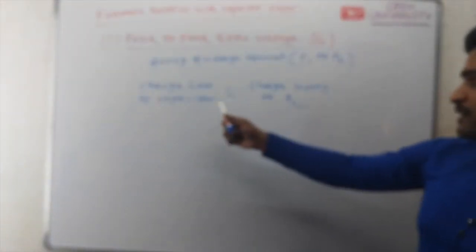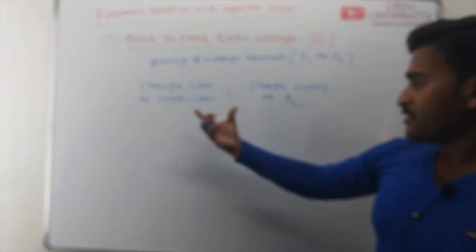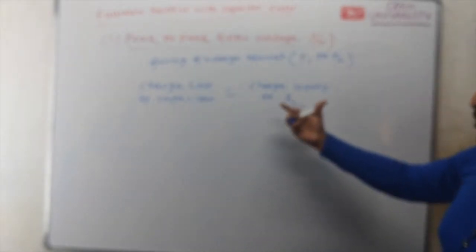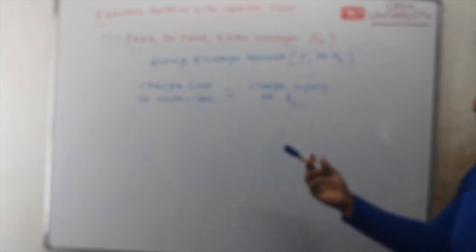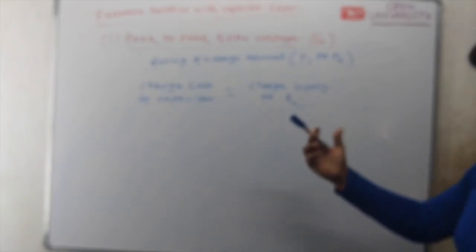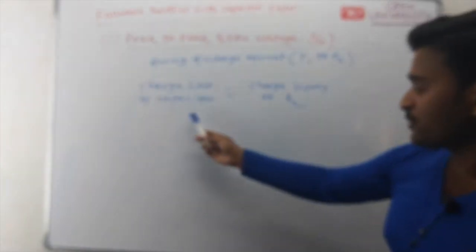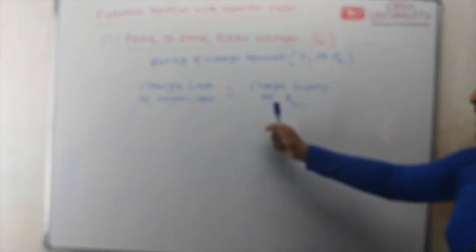That means whatever amount of charge is lost by the capacitor during this interval is the same amount of charge that will be supplied to RL, since the capacitor discharges its energy through RL.